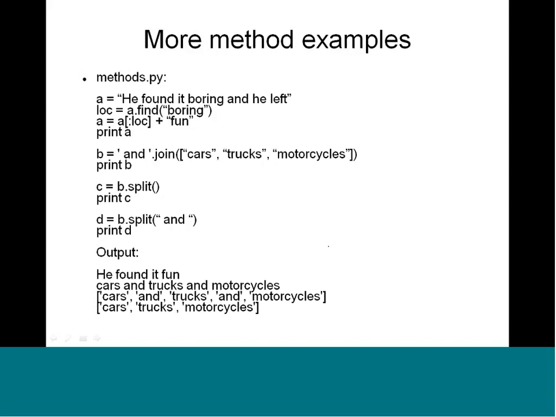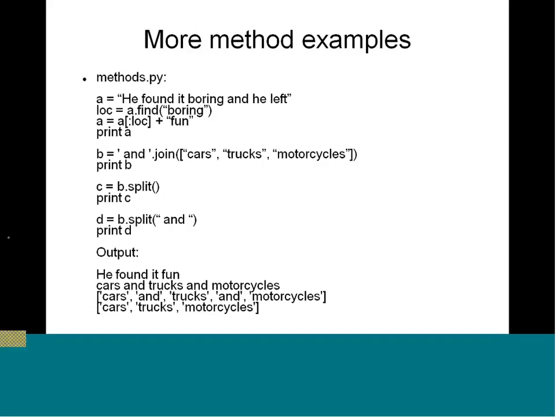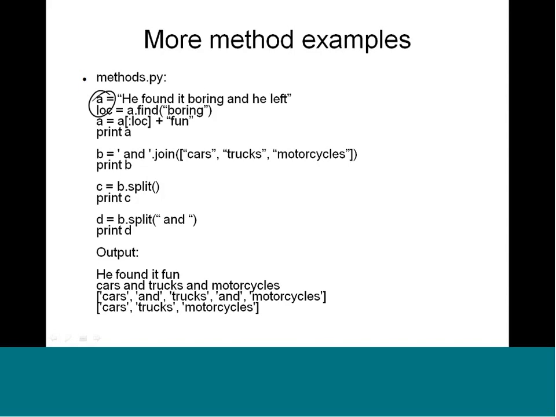Okay, and then there are more examples of the methods. So I'll go through this one. Here we define a variable a, this whole sentence, and then we say find essentially. We define the location to be a.find boring. So it's right here, and whatever the number of characters up to this point is stored in the location.